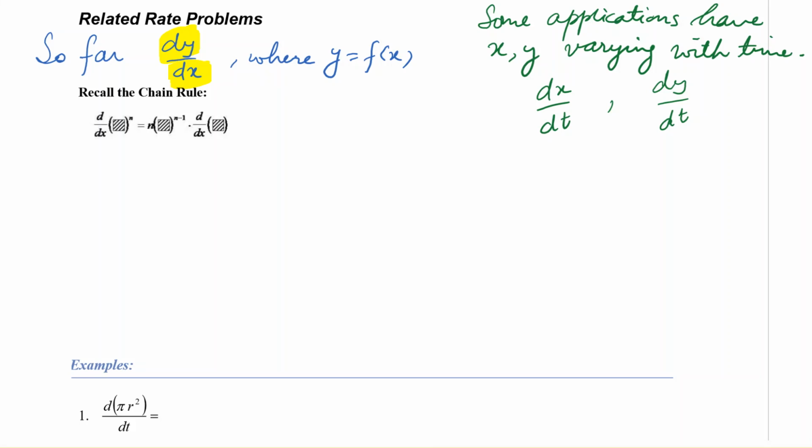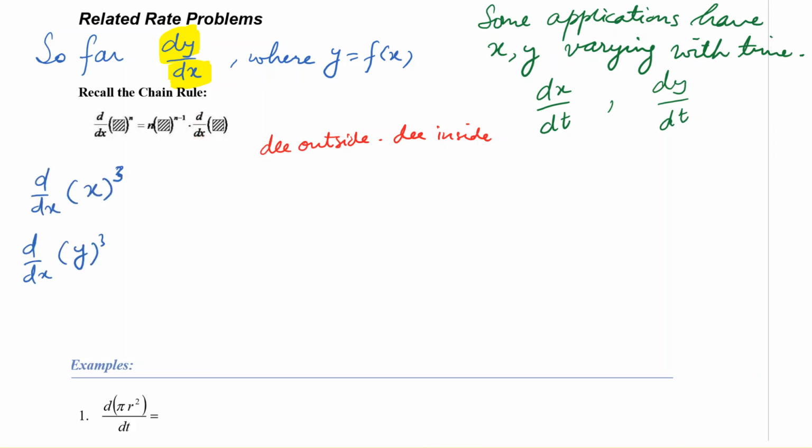Let's do a bit of recall of chain rule. We learned in the chain rule that we do d outside times d inside. For example, if you have a power function, your outside function is the power function, and you first apply the power rule, bring the power down, so something raised to power n minus 1, and then take the derivative of inside.